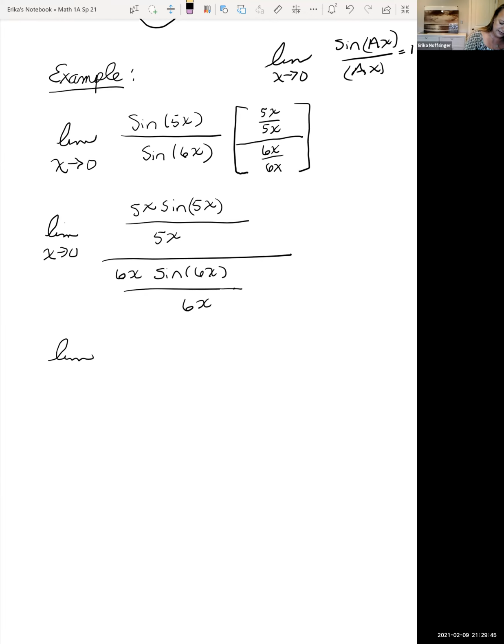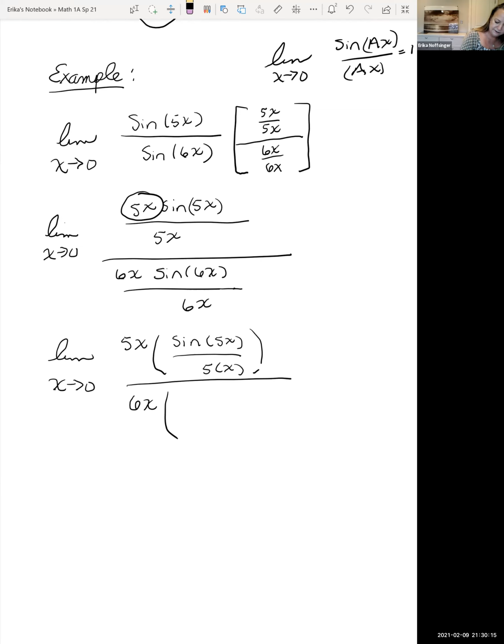So limit as x goes to 0. We want to separate the 5x, so let's pull it out front: 5x times sine of 5x over 5x, all over 6x times sine of 6x over 6x.